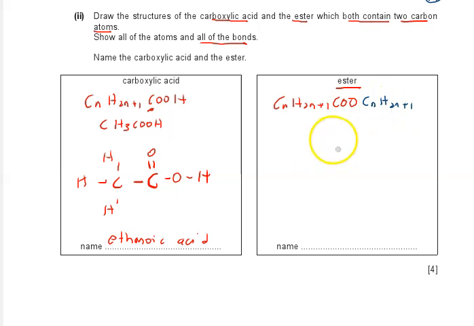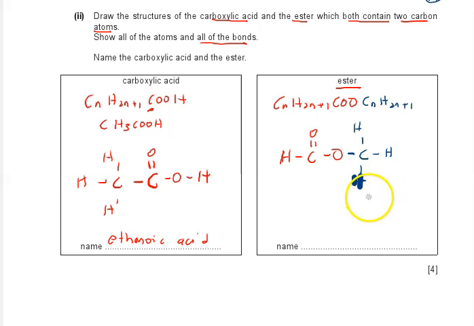Since they have 2 carbons, we can make one C from the acid side, and we have 1 H here. Then another carbon will go to the alcohol part, which is C1, and you have another 3 more bondings.